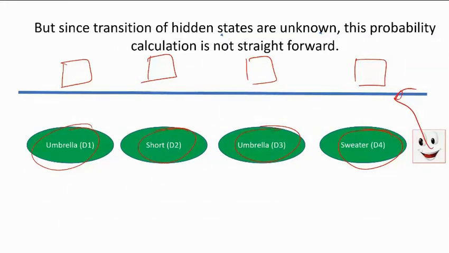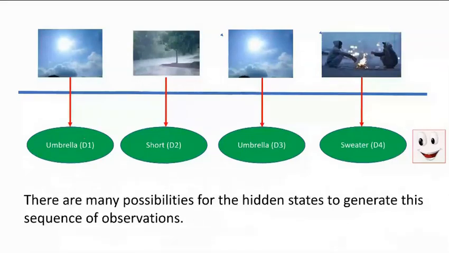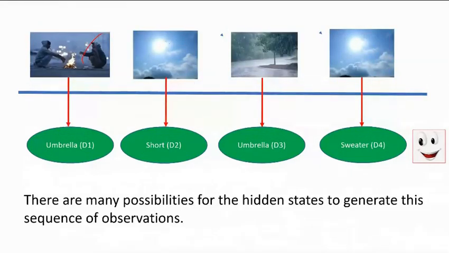The person can see only umbrella, short, umbrella, sweater, but what was the actual day outside is not visible. So that can be any combination. I can see umbrella, short, umbrella, and the actual day outside may be sunny, rainy, sunny, cold, or it can be cold, sunny, rainy, sunny. So any combination is possible.